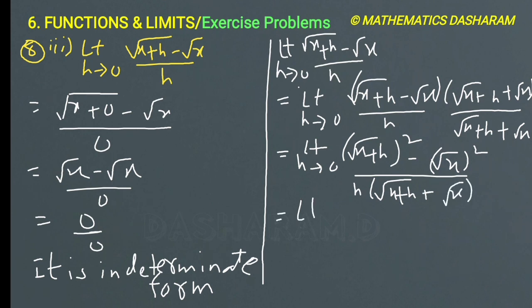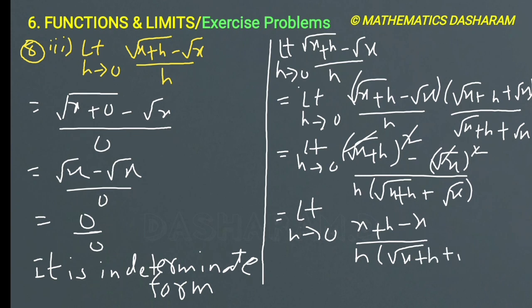So limit h tends to 0. Here the square and root cancel, then x plus h minus x divided by h into (under root x plus h plus root x). Now here plus x minus x cancel.